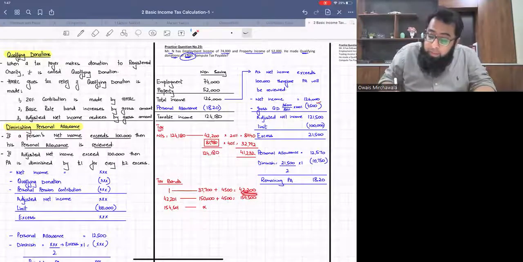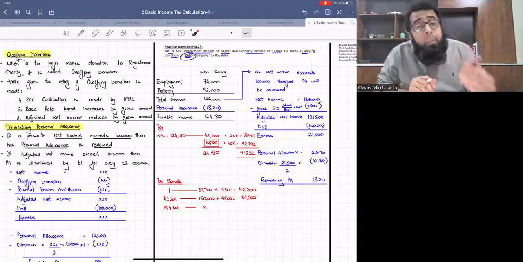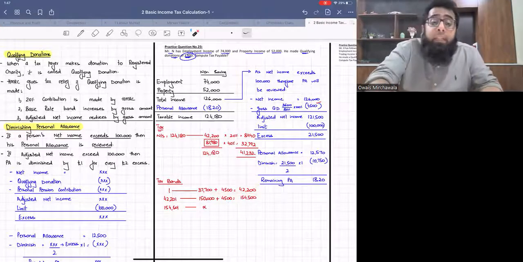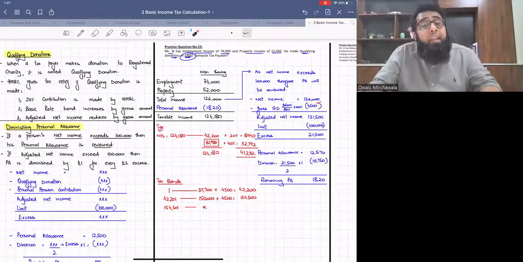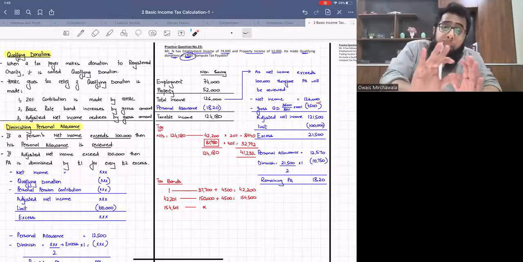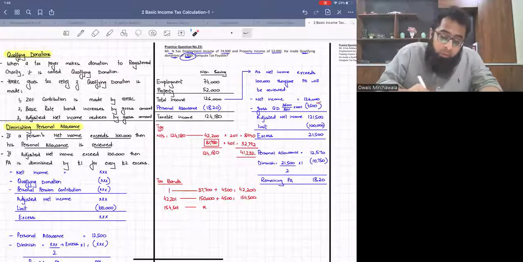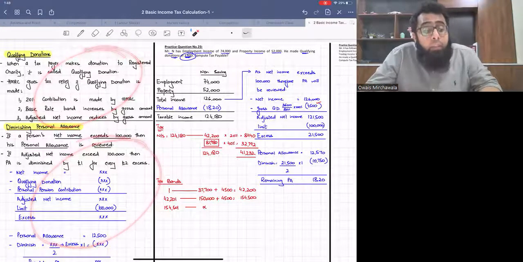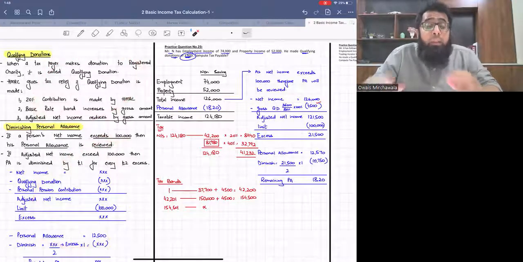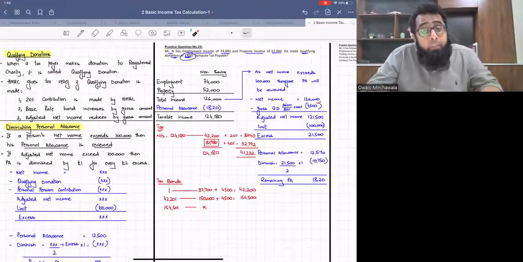Since the first band will end late, the second band will also start late and then it will also end later. So the other bands are getting a push. So there are 3 reliefs for qualifying donation, and then we discussed how the diminishing personal allowance has to be dealt with.